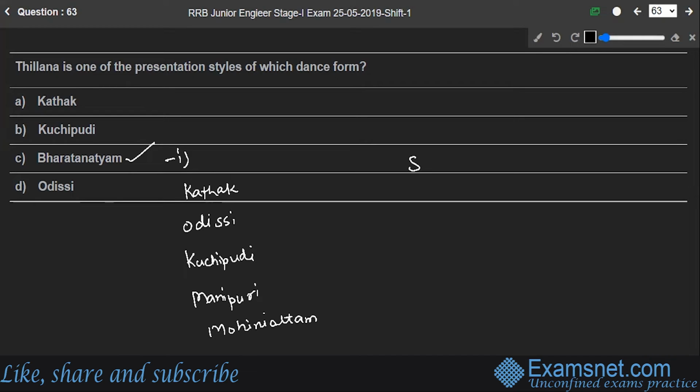Then you have Satriya and of course Kathakali. Okay, so Tilana is one of the presentation styles of Bharatnatyam. C option, right answer to the question.